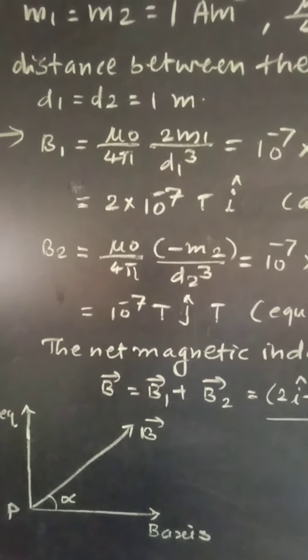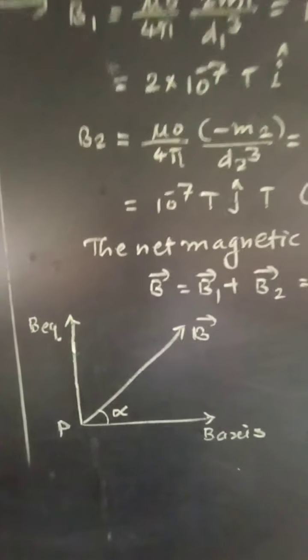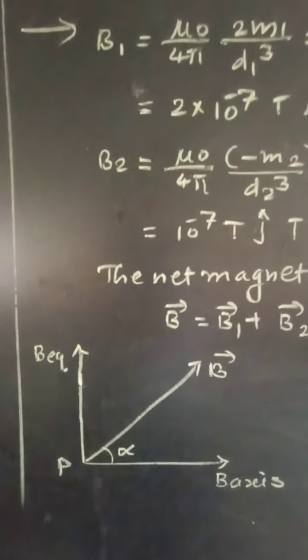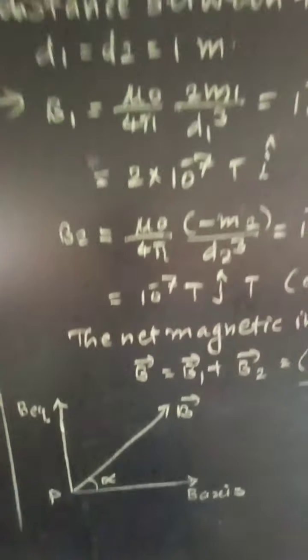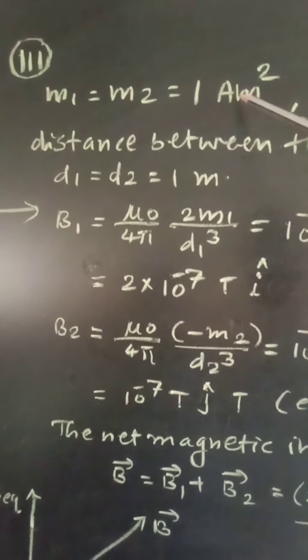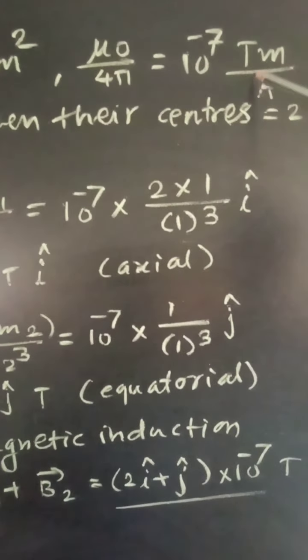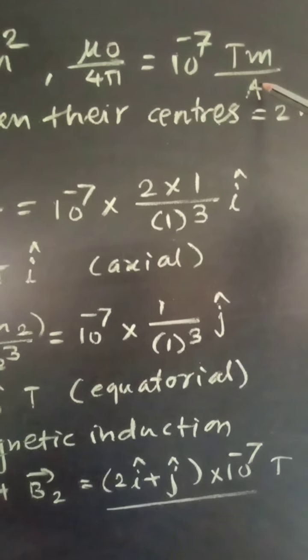line joining their centers. As per the information given in the numerical, the given data will be M1 equal to M2 equal to 1 ampere meter square. Then mu 0 upon 4 pi equal to 10 raised to minus 7 Tesla meter per ampere.